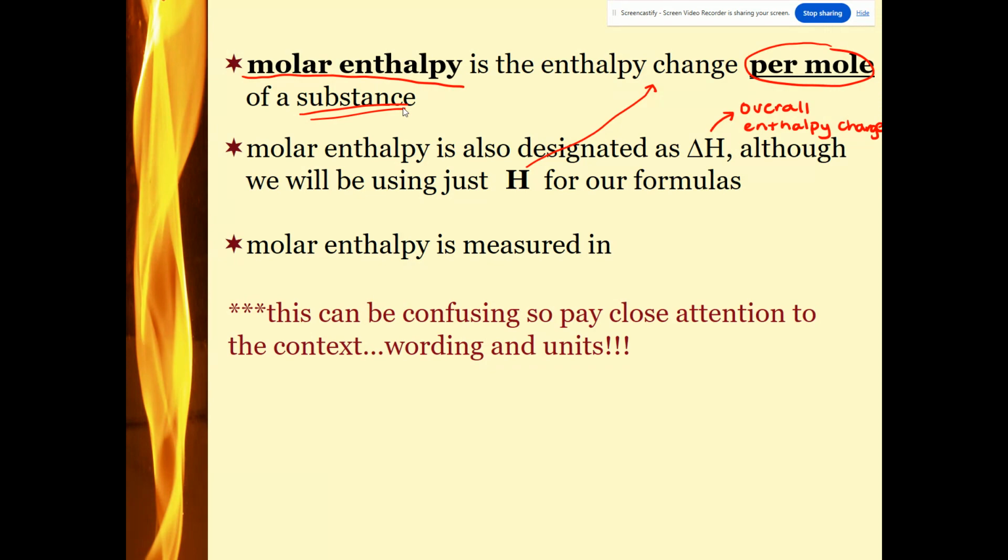We're going to learn again in the next lesson how to calculate that. Okay? But just keep in mind that molar enthalpy is measured in joules or kilojoules per mole, most commonly kilojoules per mole. And it again tells you the enthalpy change per mole of a substance, whereas delta H is the overall enthalpy change. Delta H is also measured usually in kilojoules. So if you pay attention to the units, delta H is kilojoules, H is kilojoules per mole. Okay, so really focus on those units.